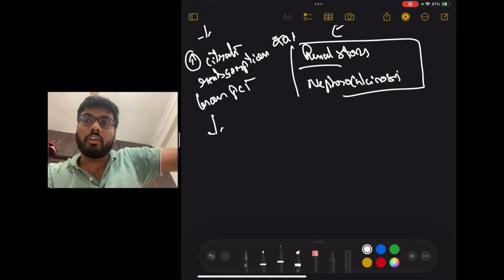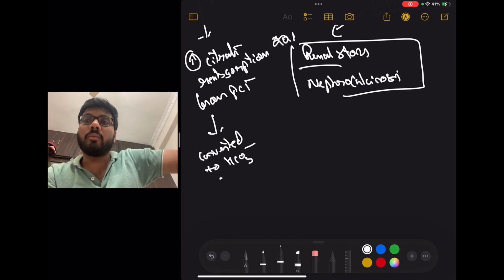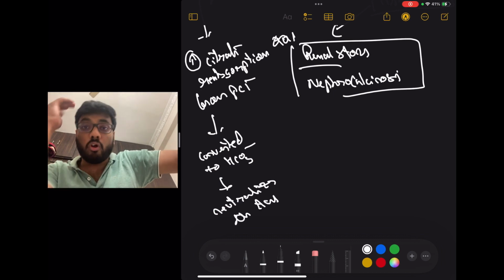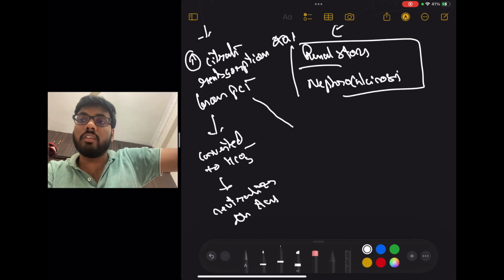Because of increased citrate reabsorption, the citrate now enters the liver, which is converted to bicarbonate. Now this bicarbonate compensates acidosis, that is neutralizes the acid. So because of the increased citrate reabsorption from PCT, the patient will have hypocitriuria.